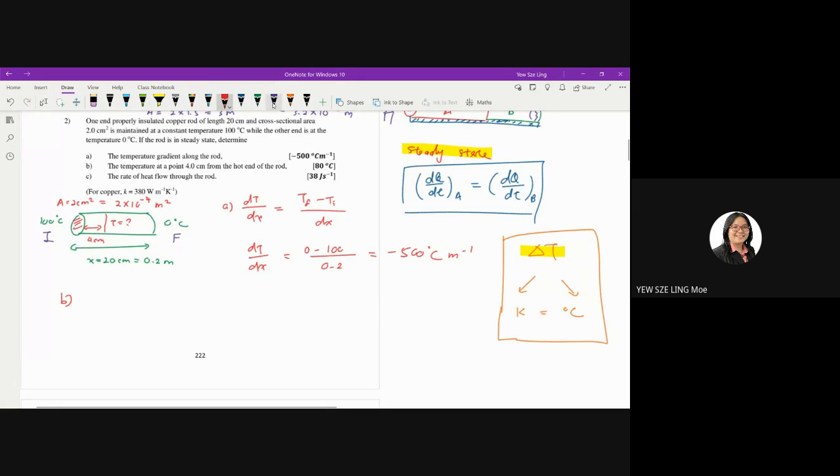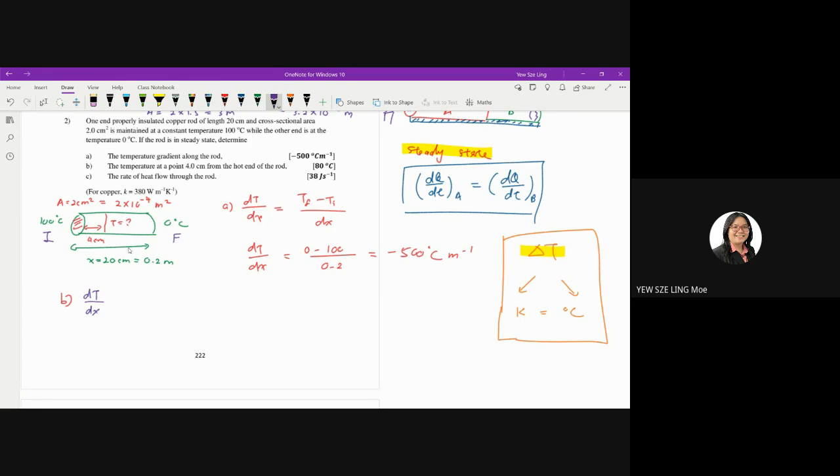So now how are we going to calculate it? If our object is in steady state, then it doesn't matter which part of the object you are looking at. All of them are going to have the same dT over dx, provided you're looking at the same rod, same material, and you didn't change any of the factors. You didn't change the insulator, you still have the insulator in it.